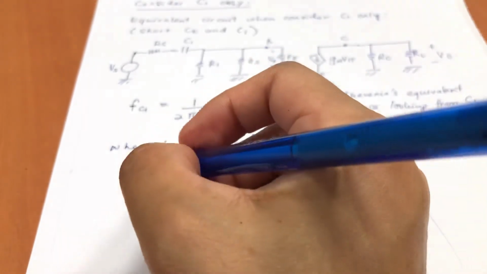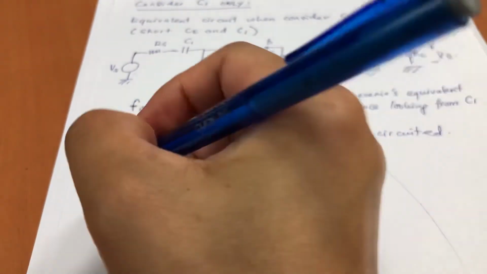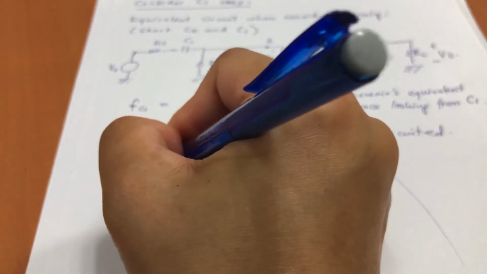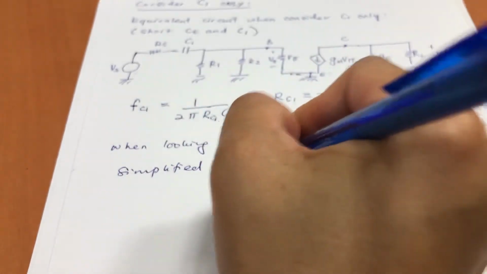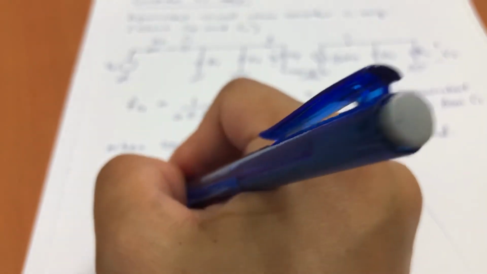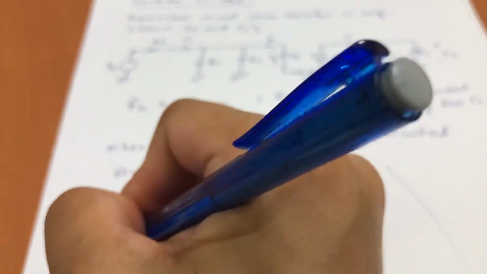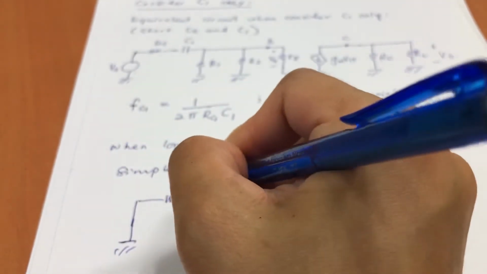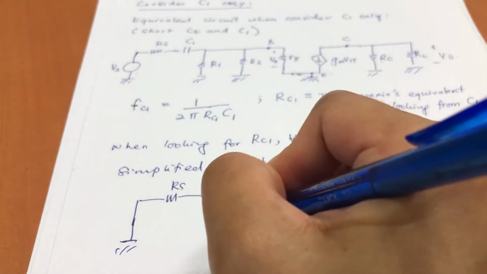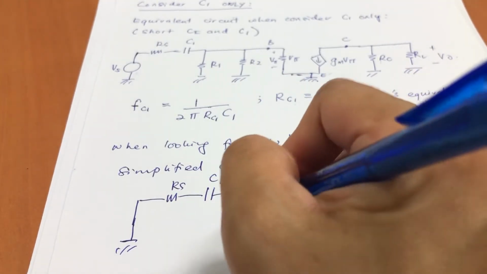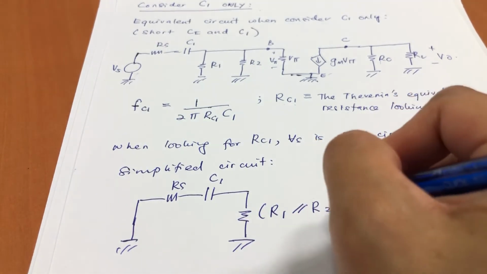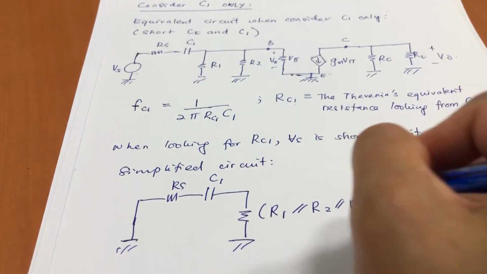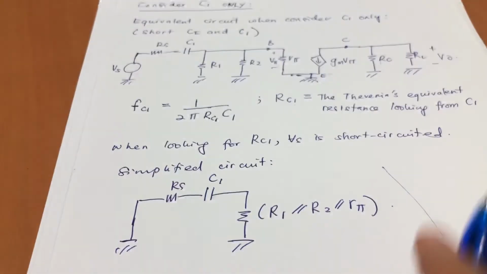So this is the equivalent circuit, you can simplify it. Short RS to the ground, C1. Then I will put a resistor here, which is R1 parallel to R2 parallel to R pi.